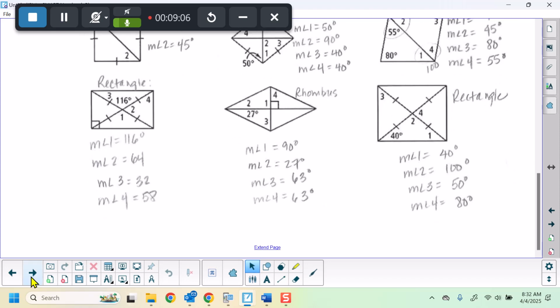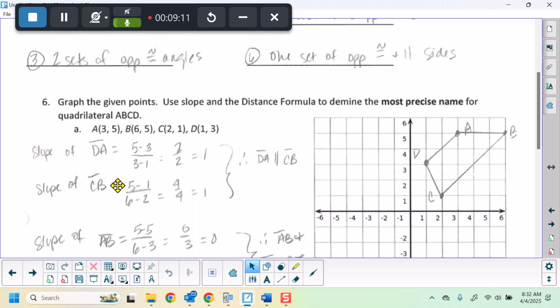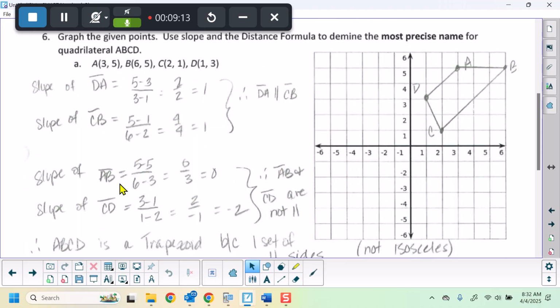Next page. Proving parallelograms. There's our 6. We've already talked about them. Yeah, there is one of these on the test. So you absolutely need to know how to talk about givens, how to use the slope and distance formula to prove what you need. Your justification for your work is slope or distance formula.